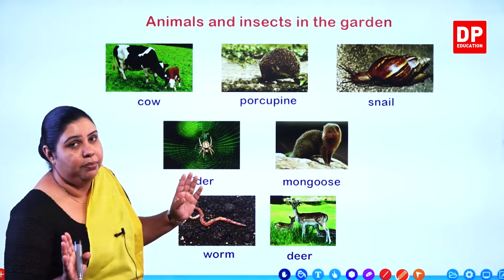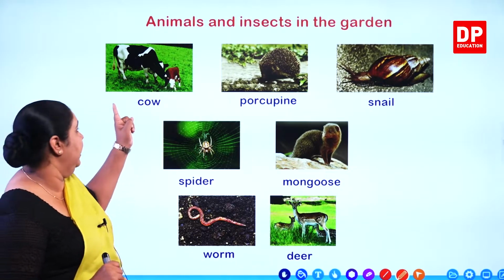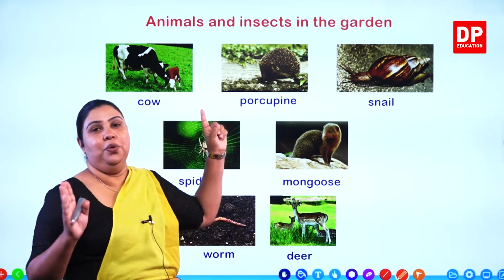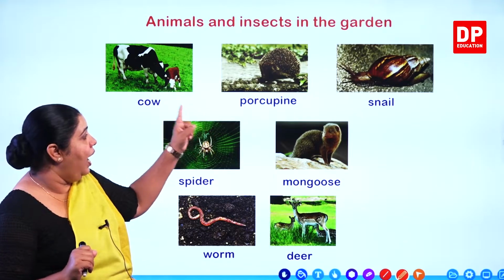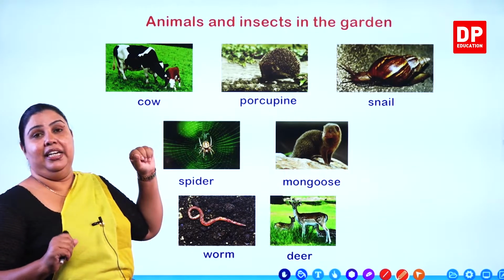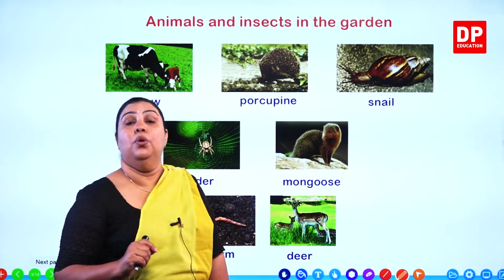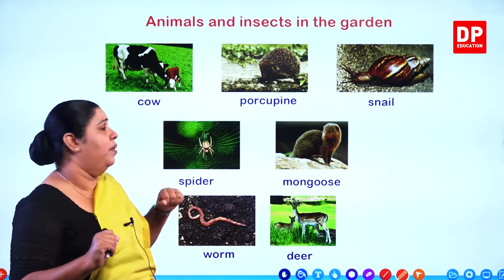The animals who come to our garden. Just have a look at them. Cow. C-O-W. Cow. Then we have the porcupine, the new word. P-O-R-C-U-P-I-N-E. Porcupine. Then we have the snail, S-N-A-I-L. All these animals come to our garden.